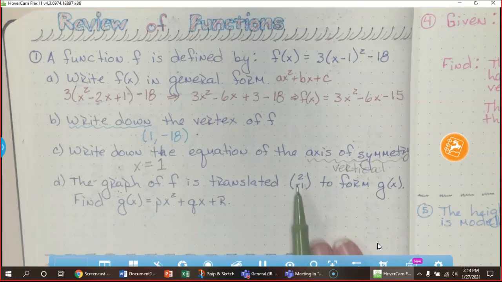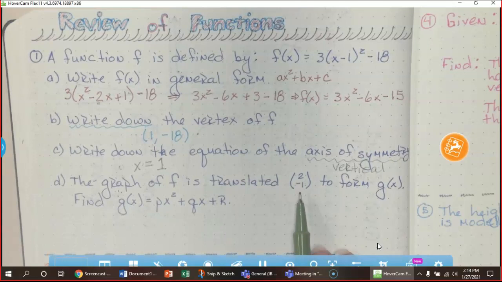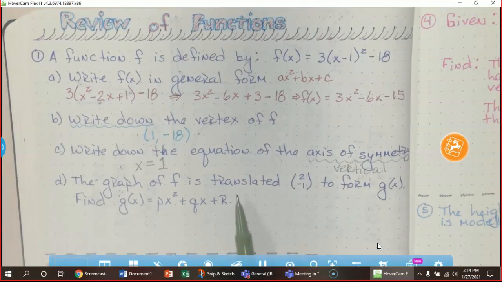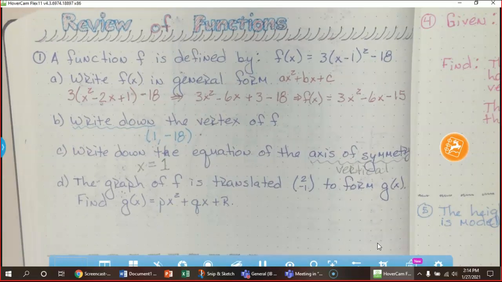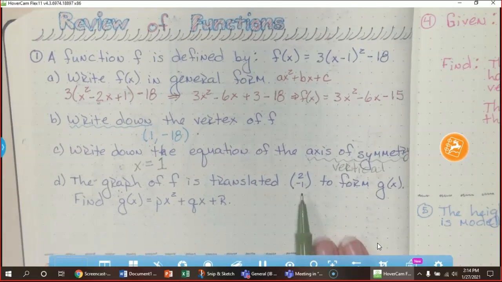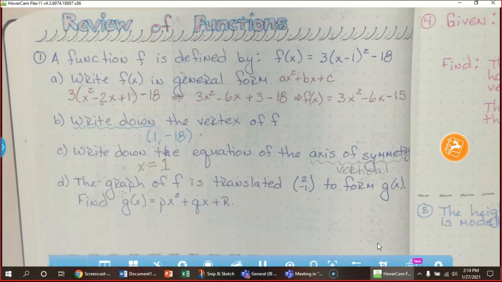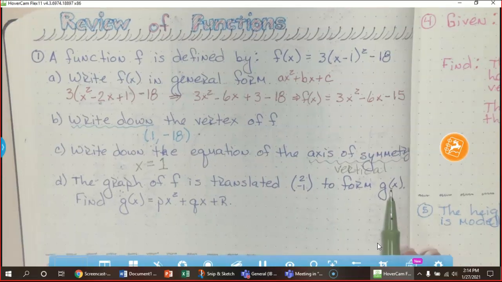That's a 2. That's a -1. Because that's how we write translations. Whenever we're moving it, we always write it in vector form. Remember that top and bottom, that's vector form. So that says we're moving it by (2, -1). And when we do that, we get the function g of x.